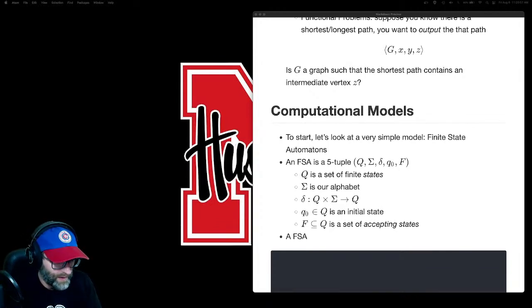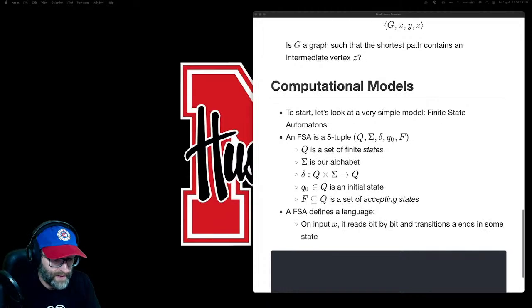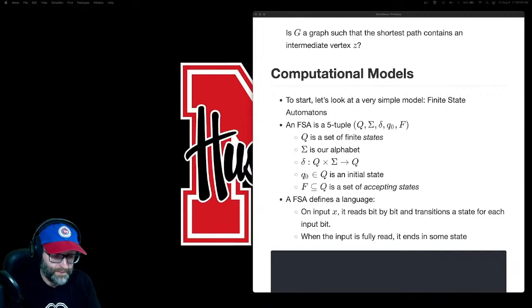And the acceptance criteria that defines this language is simply, as I mentioned before, a finite state automaton, FSA, defines a language. Right? On input string X, it reads bit by bit and ends in some state, and transitions a state for each input bit. Ultimately, when the input is fully read, it ends in some state.